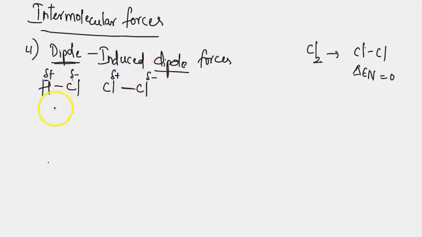So the permanent dipole that is present in the HCl polar molecule induces a dipole in the electrically neutral molecule by deforming its electron cloud into positively and negatively charged ends, and develops attractive forces between them. Such interactions are called dipole-induced dipole forces.